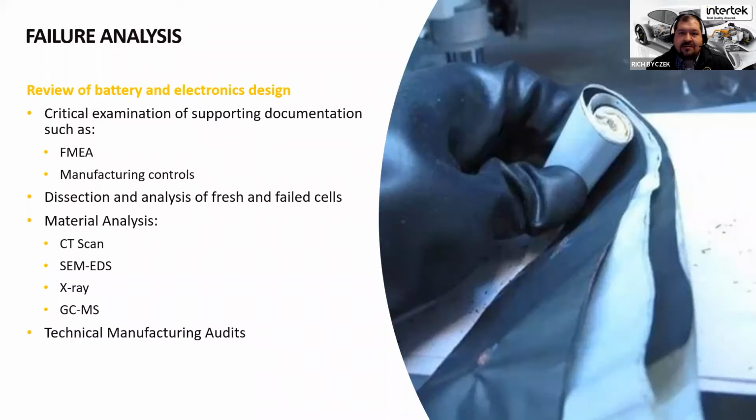That could also be part of evaluation of potential manufacturing defects, or even just A to B comparison testing of various suppliers, again, from a supply chain assurance standpoint, just to look at the quality of manufacturing from your cell and battery module suppliers. So taking your core ISO 9001 and general quality system concerns as the baseline, we also look at the best practices from a technical standpoint in terms of manufacturing and developing battery systems.